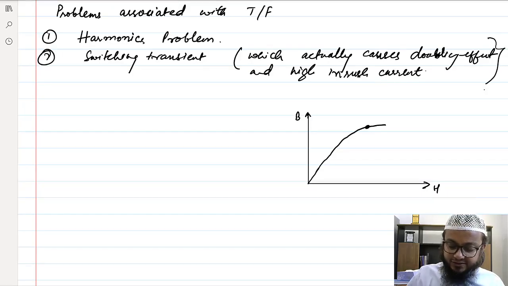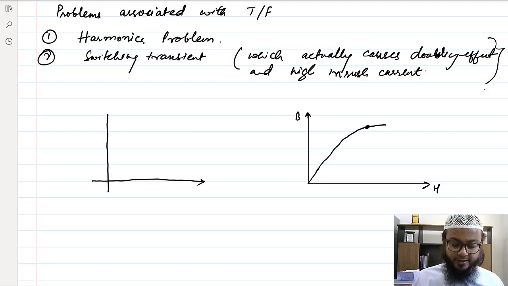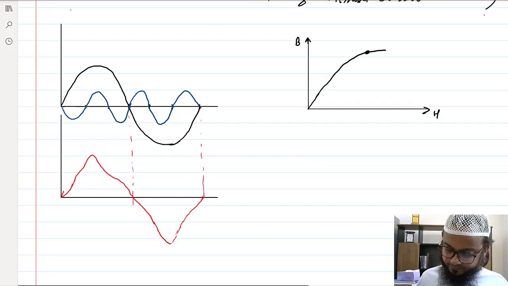So once we operate at these points, because we want to utilize the core material fully, we design in such a way that we try to operate at this knee point, right? Because of this BH characteristic, if you see, the current is not exactly sinusoidal. Rather, it has some high frequency components in it as well.